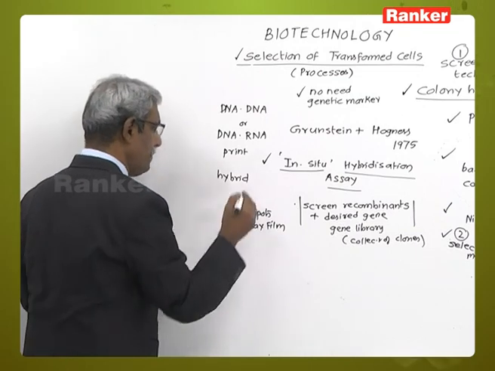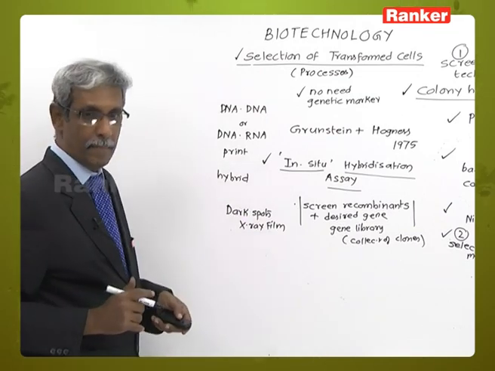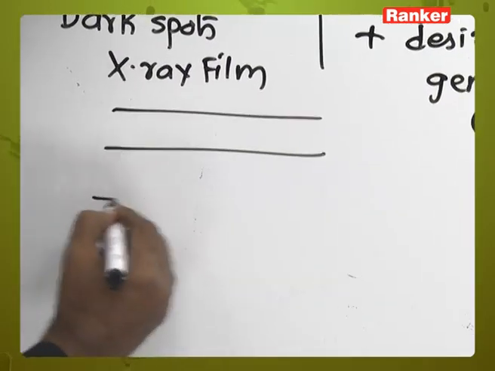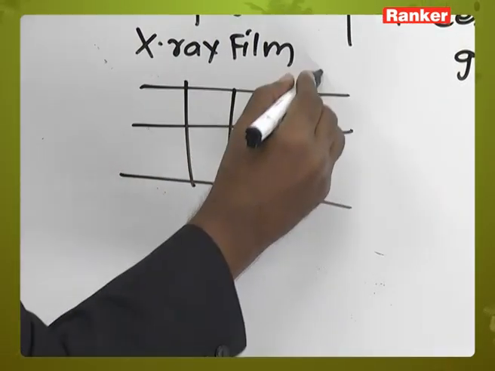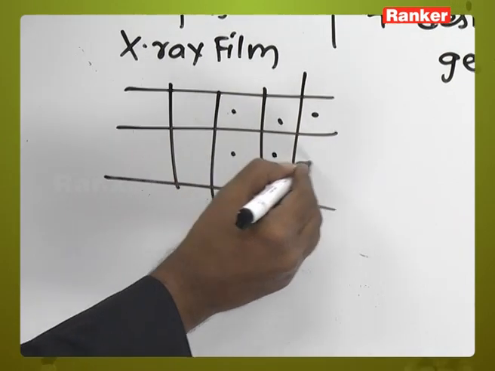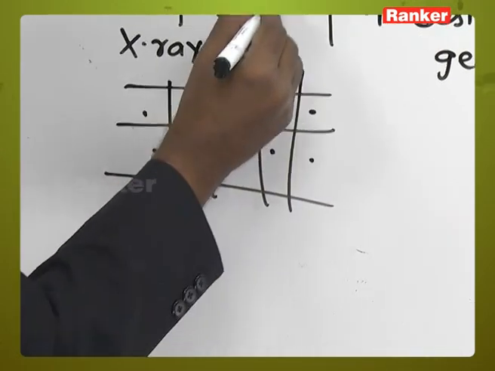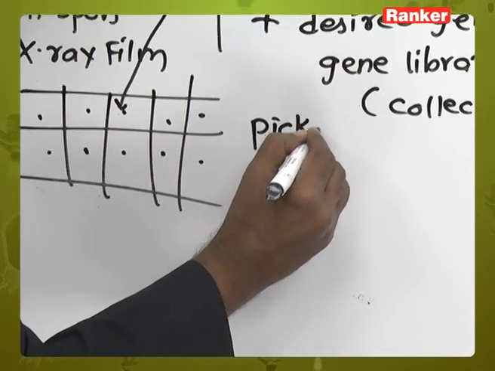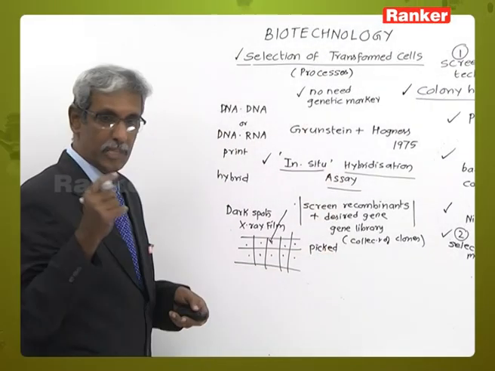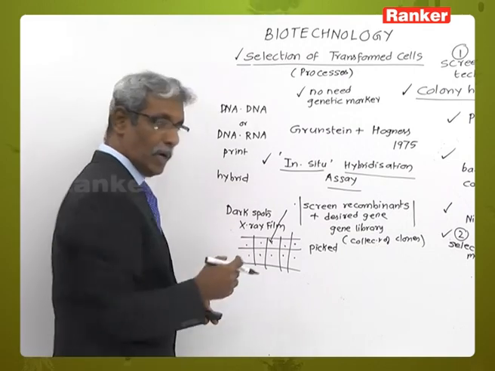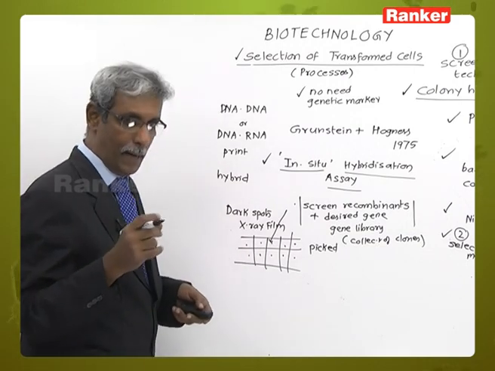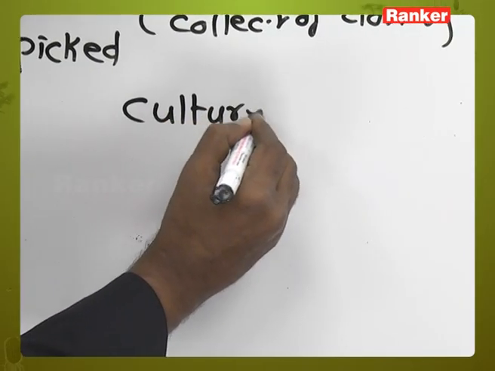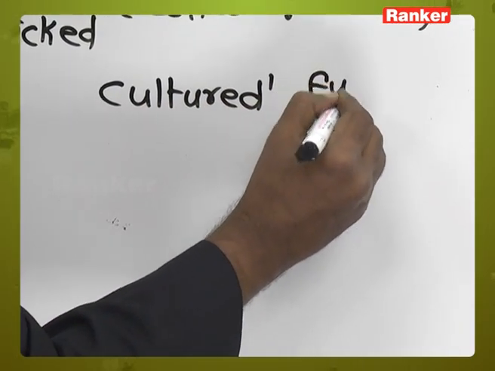So, these dark spots can easily be picked up. Each picked up spot is a DNA RNA hybrid or a DNA hybrid, and it can be cultured for further use.